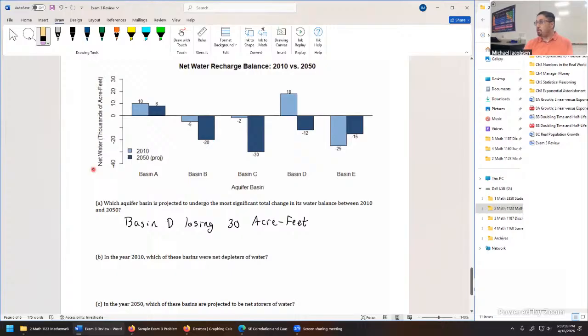So that means we'd be looking at this one, it would qualify. And this was the largest net depleter in the whole set, but only in the year 2010. So that's one of the confusing elements about this kind of display, the multi-dimensionality of it, the 2 different years. So for this one, we would say just basin B.